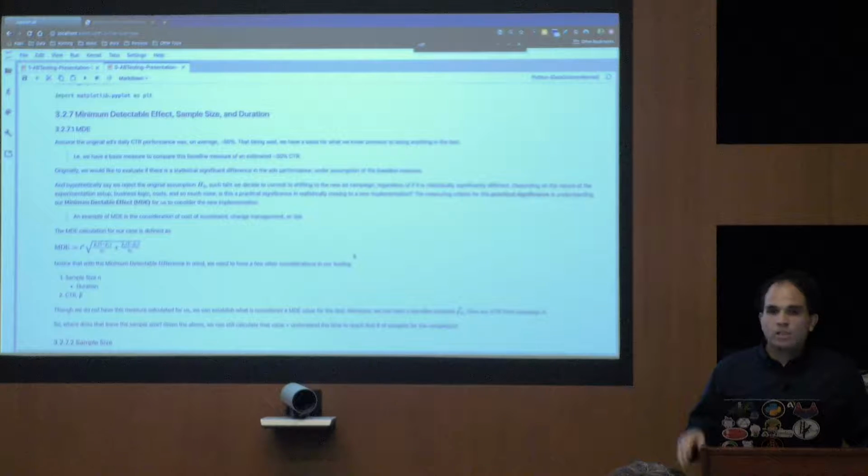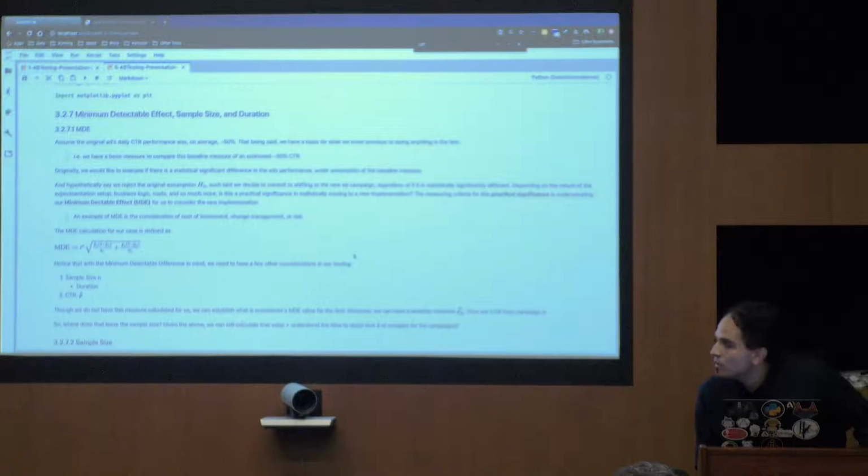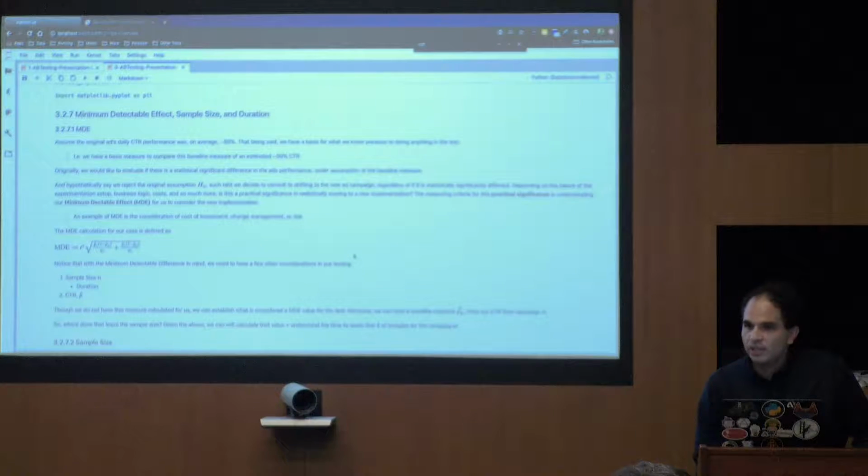That can be due to reasons like change management costs in trying to coordinate the change to a new campaign, and there are other business justifications too. So just remember, though something can be statistically significant, is it practically significant? That's estimated by your minimum detectable effect.